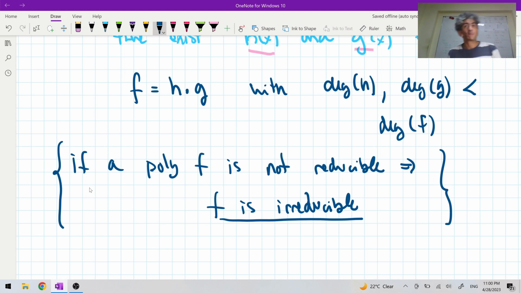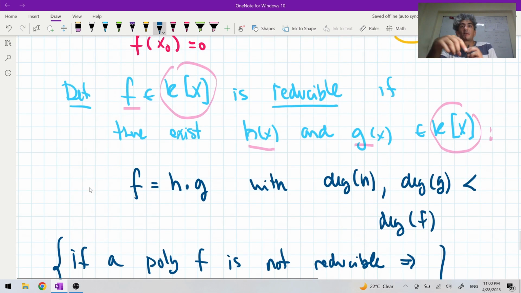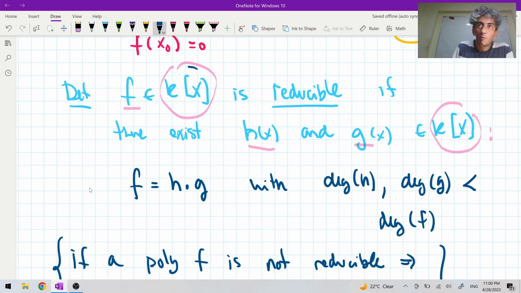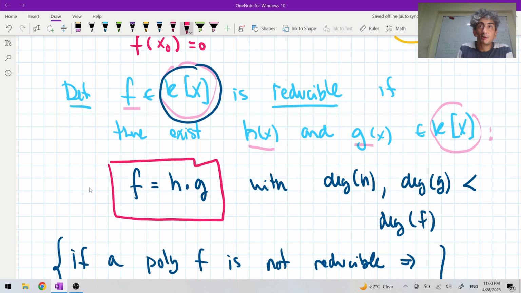A prime number is one that cannot be factored as a product of two smaller numbers. So this definition is very important for us. We will use it very often, and it needs to be noted that we have stressed that all the polynomials involved in the factorization belong to the same set of polynomials. If f lives in k of x, then h and g also must live in k of x.